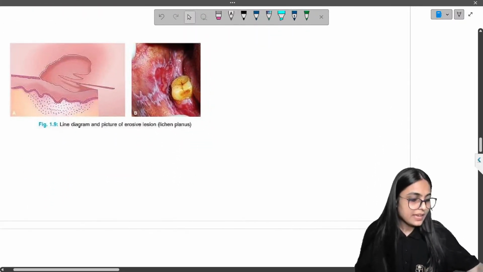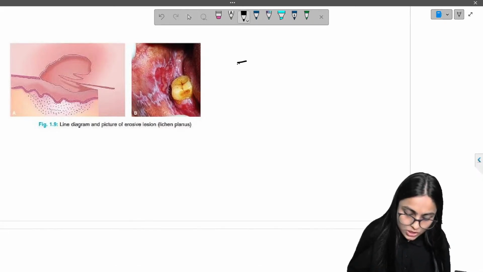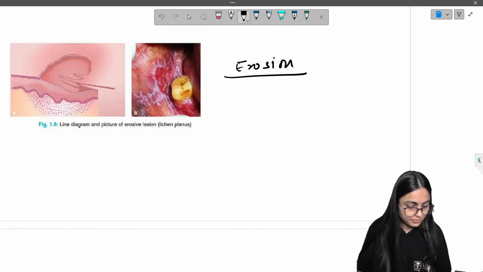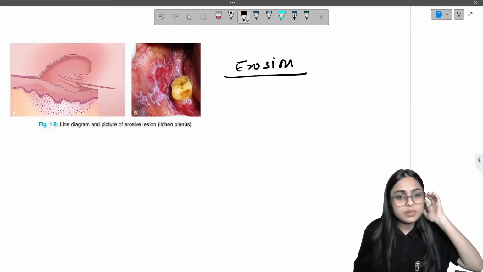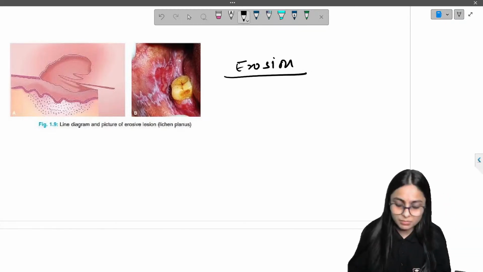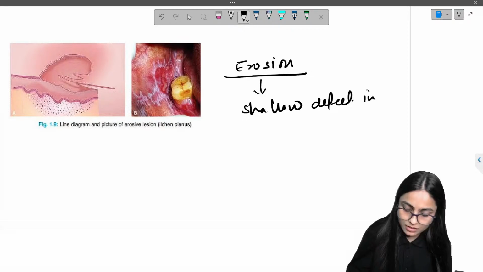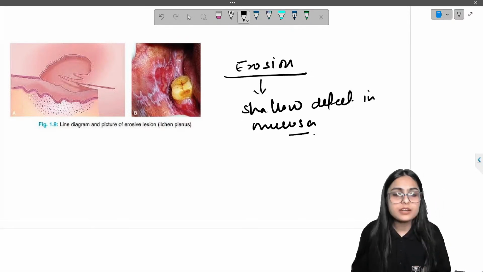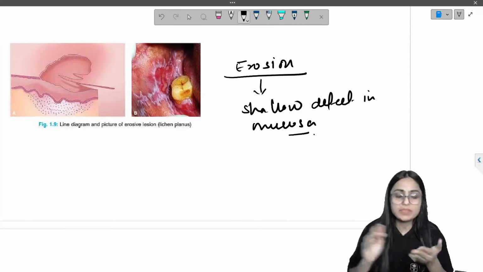All right. Then we have one more lesion, which is erosion. Yes, very good, everyone. Erosion is nothing but a shallow defect in the mucosa, and this shallow defect has occurred due to loss of epithelium.